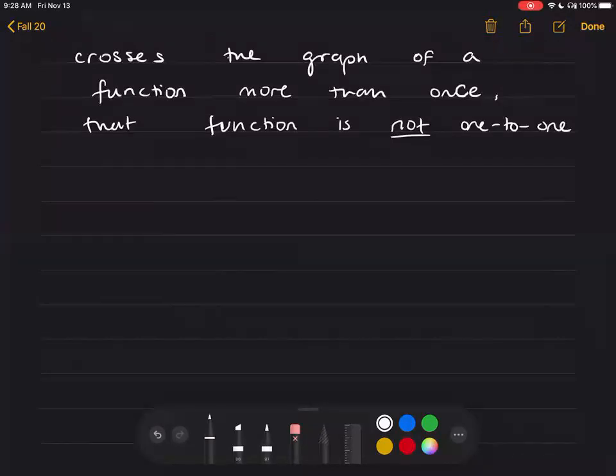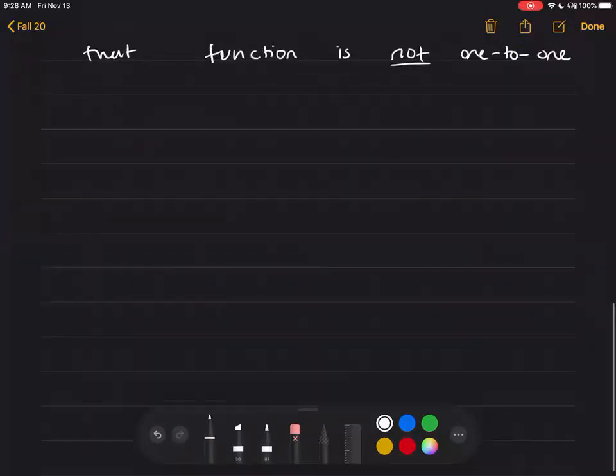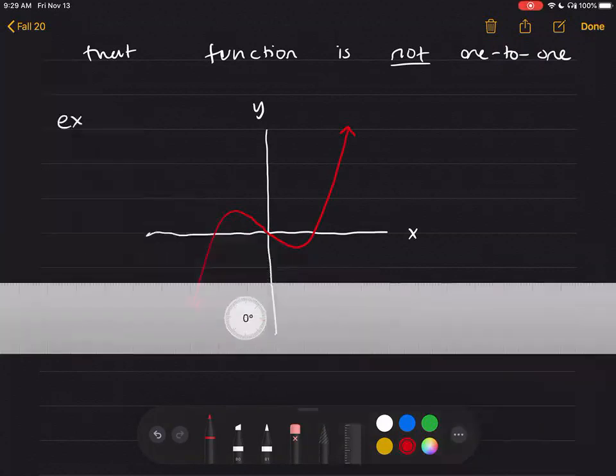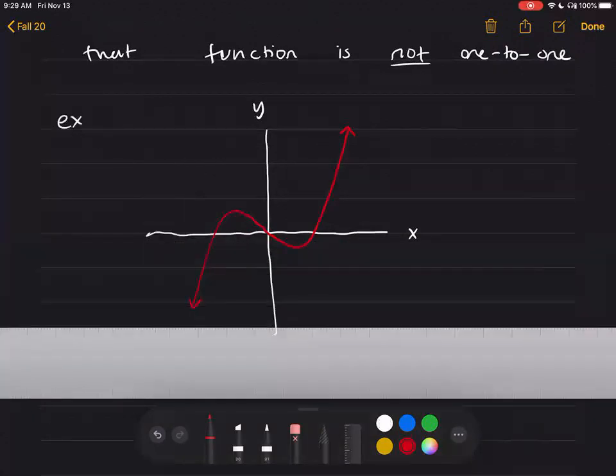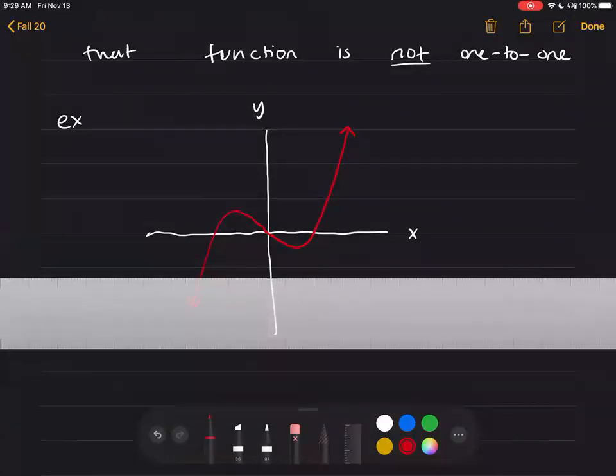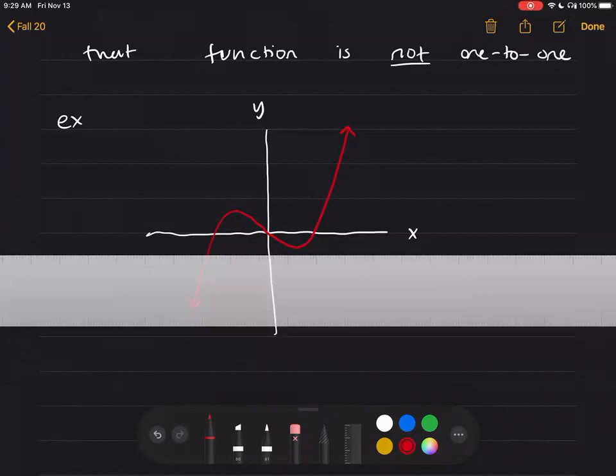So let's see some examples of that. Let's say we've got the graph, x-axis and y-axis, and maybe it looks something like a cubic polynomial here, a degree 3 polynomial. If we look at a horizontal line and start at the bottom and move our way up, we're good here, we're good here.